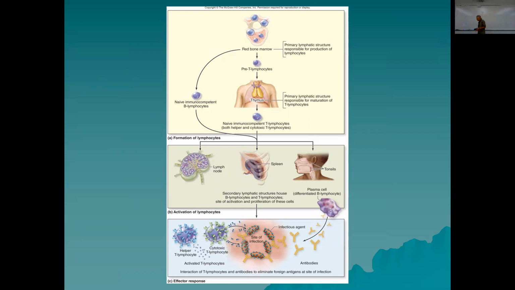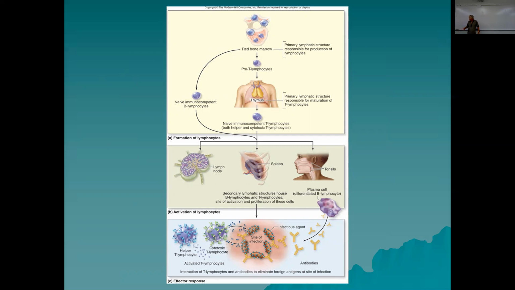And they're called naive immunocompetent, which means they're able to do their job right now, but they're naive. How is it they're naive? They haven't come into contact with the antigen that they're specific for. Then they travel to secondary lymphatic structures: lymph nodes, spleen, tonsils, and so on.